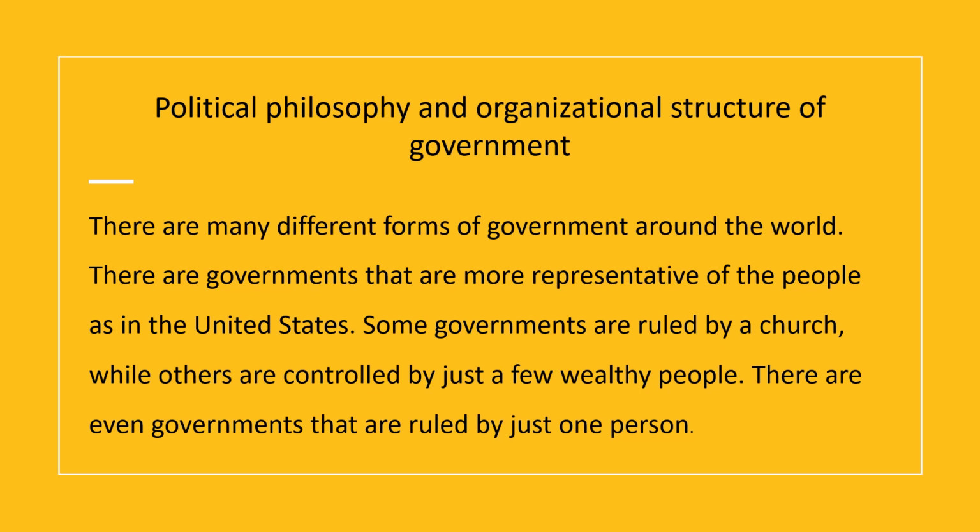And as we learned, there are even governments that are ruled by just one person. So as you can imagine, there is a wide array of governing structures, which means there's going to be a wide array of viewpoints and political philosophies as to the strengths and weaknesses of these different types of governing structures.